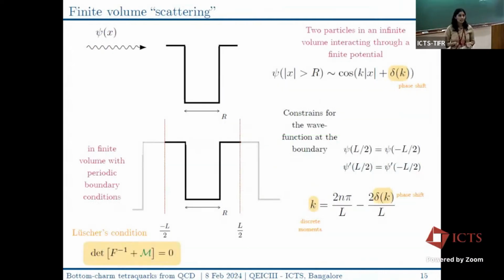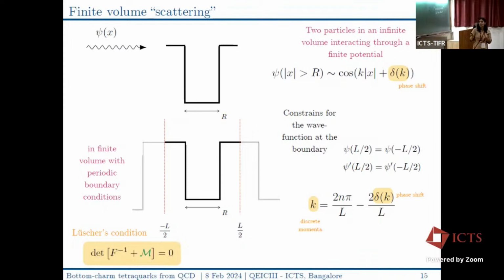Next, after calculating the spectrum, as I explained, we have to do the infinite volume mapping, which is done by Lüscher's method. This is a simplified example in one-dimensional quantum mechanics of how Lüscher's method works quantitatively. If we have two particles in an infinite volume interacting through a finite potential, the states will just be plane waves.